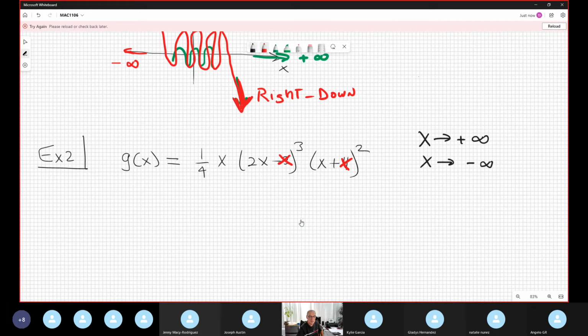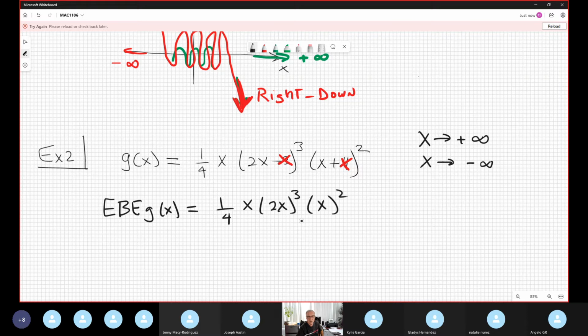So the end behavior expression for the function g is 1 over 4, the coefficient stays, x, and this is 2x cubed, and x squared. Do you follow me?